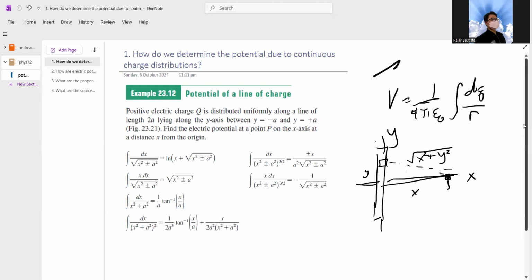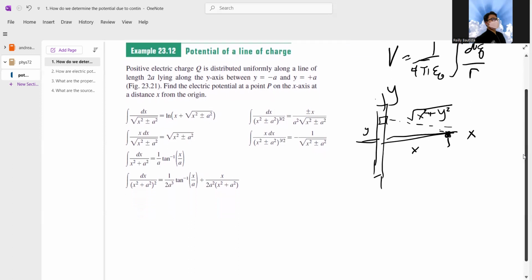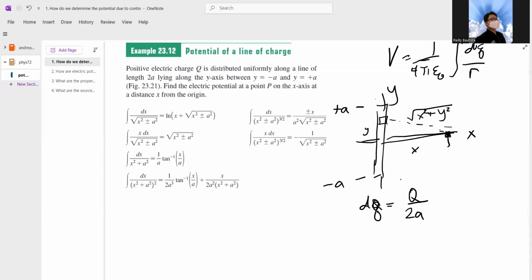Next, we define dq. So dq is equal to Q over 2a times dy, where the length here is from negative a to a. So we have both the r and the dq at this point.